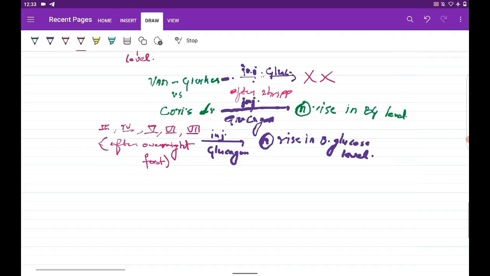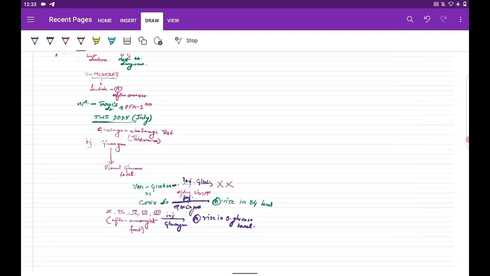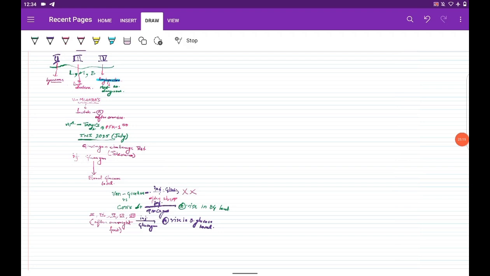To differentiate between them, in Cori's disease, if glucagon is injected 2 hours after a meal, there will be a normal rise in blood glucose level, but in von Gierke's, even after a substantial meal, there will be no normal rise. So this time they asked about this glucagon challenge test. Okay, that was all about glycogen storage disorders, which is a very important topic for NEET PG as well as for your coming INI.